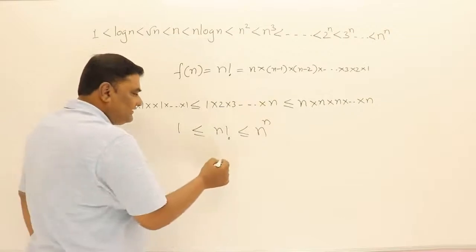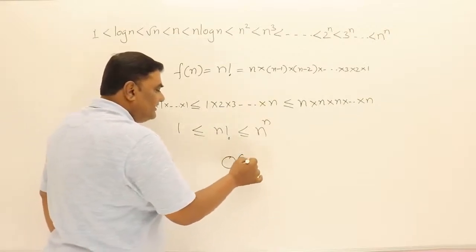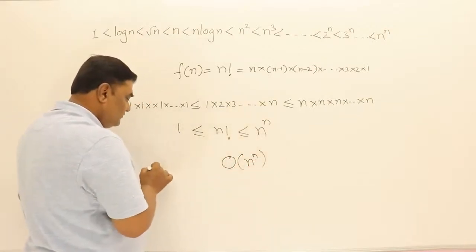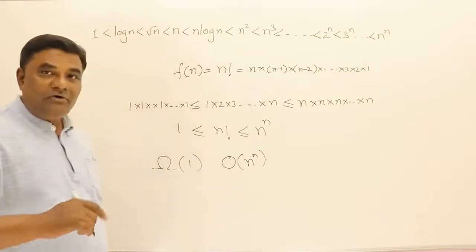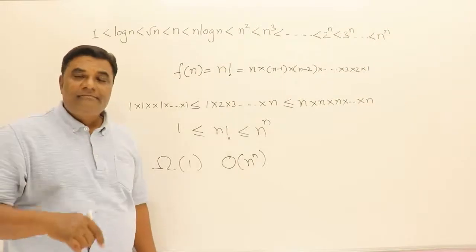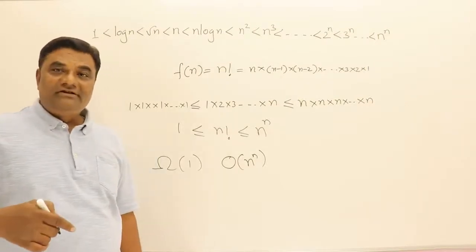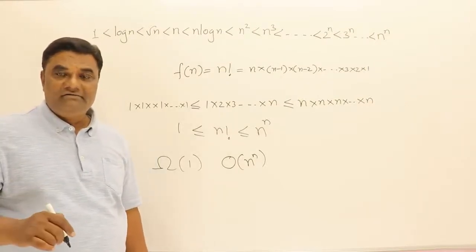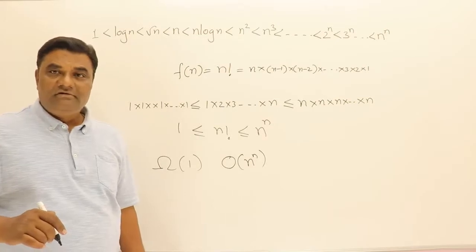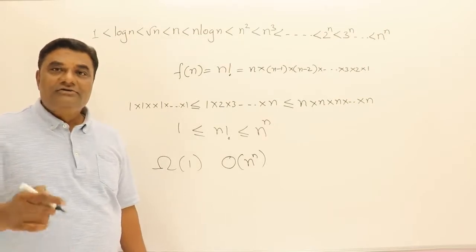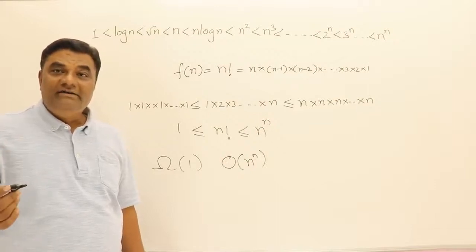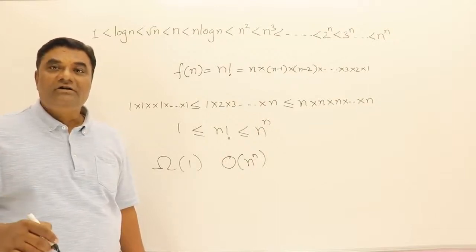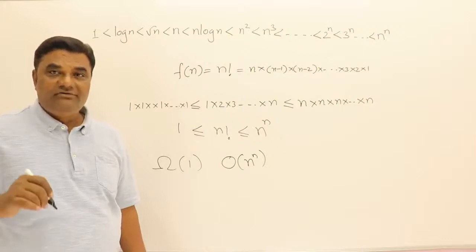So what I can write is big O of n power n and omega of 1. So the lower bound for n factorial is 1. The upper bound for n factorial is n power n. So here we cannot find the tight bound or theta for n factorial.